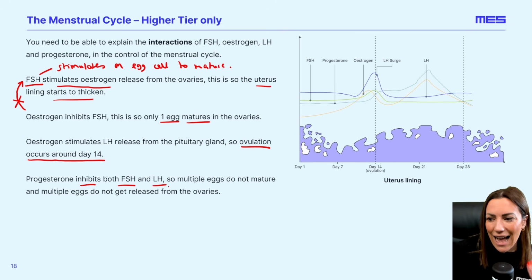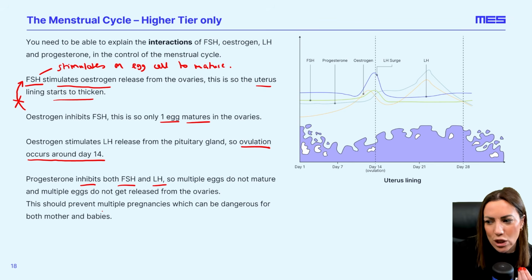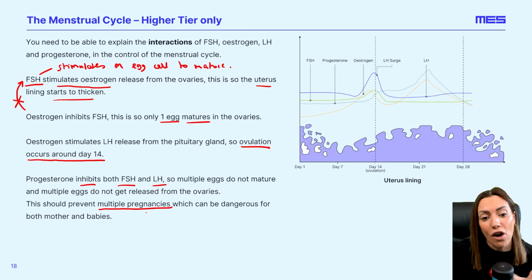We also want to block LH so multiple eggs do not get released from the ovaries, because if we did get ovulation of multiple eggs, they could be fertilized and that would lead to a multiple pregnancy, which obviously is more dangerous for the mother to carry and for the fetuses themselves developing and having to share nutrients and space. It is more risky. They'll be born prematurely, low birth weight, etc.